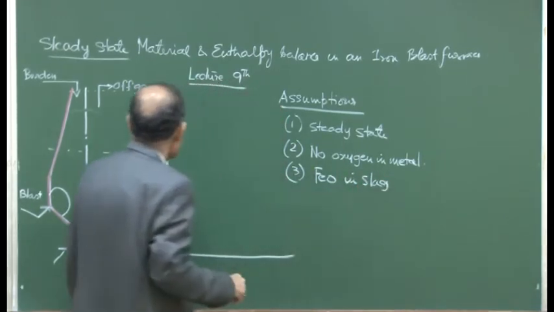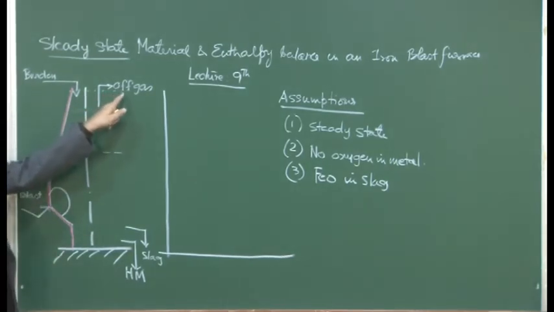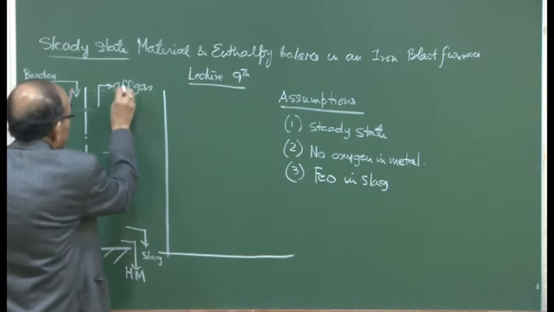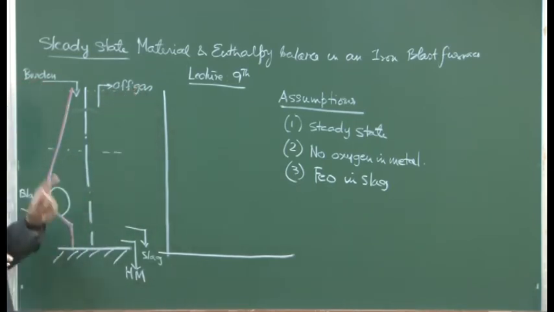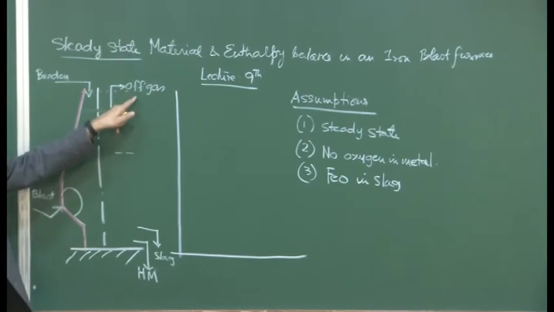For the time being, we will not consider any heat loss through the wall or material loss. For the simplified model that we are going to develop, we will say that the gas which comes out here is carbon monoxide, carbon dioxide and nitrogen. If moisture is there, in that case we will introduce hydrogen, but dust etc. are not going to be considered here.